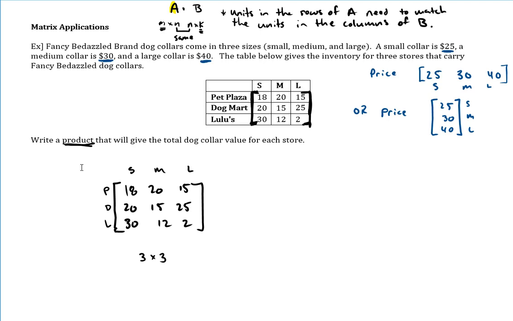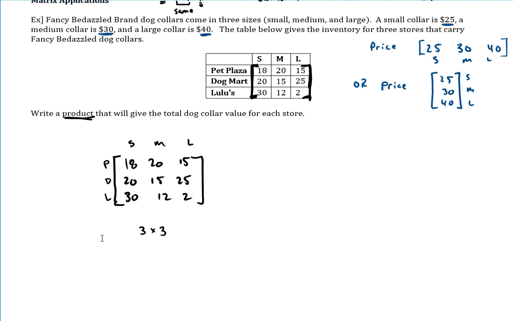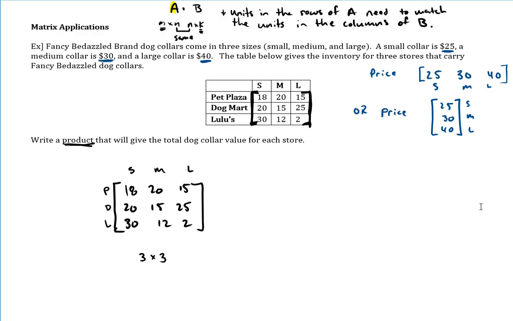It's also up to us on these products to put the correct matrices in order from left to right. Currently I have a 3 by 3 matrix. With our price matrices, this one is 1 row by 3 columns. This price matrix is 3 rows by 1 column.